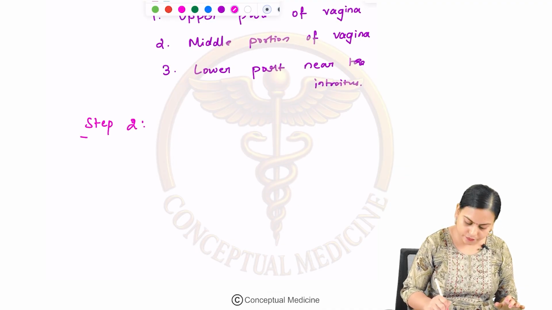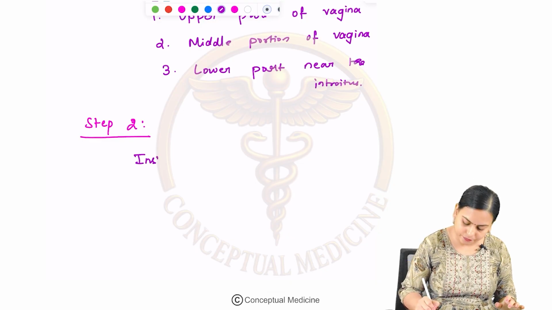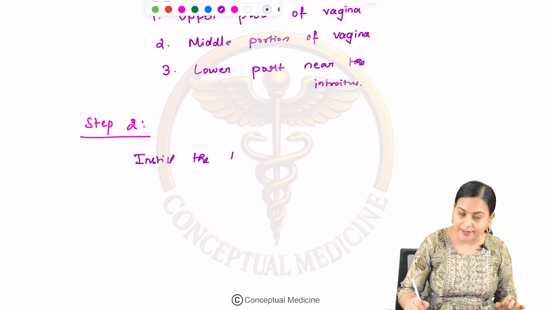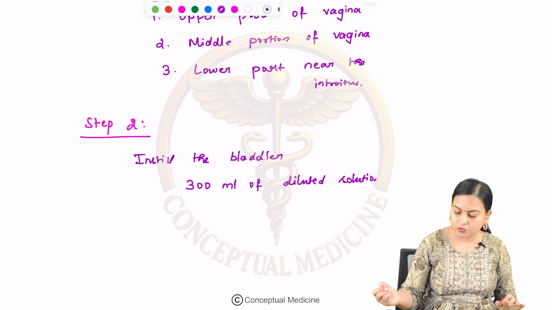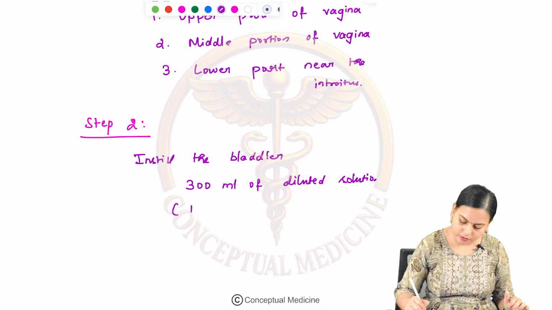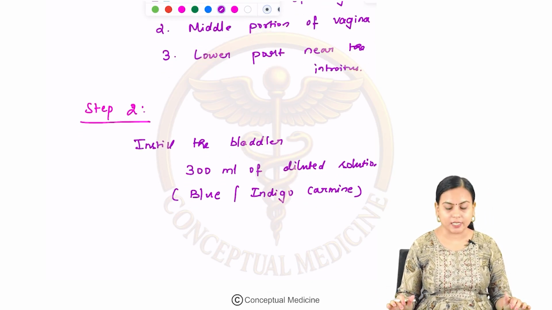Next one is Step 2. Here you have to instill the bladder with 300 ml of diluted solution of blue or indigo carmine through a catheter.